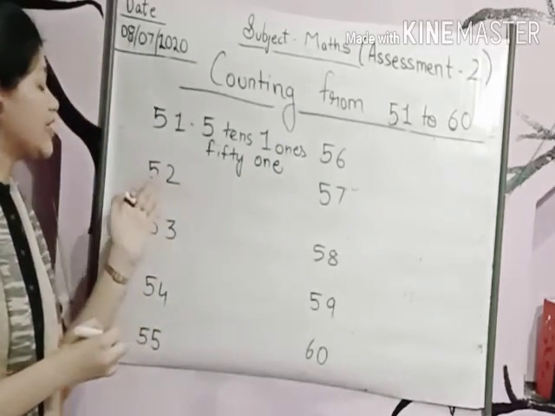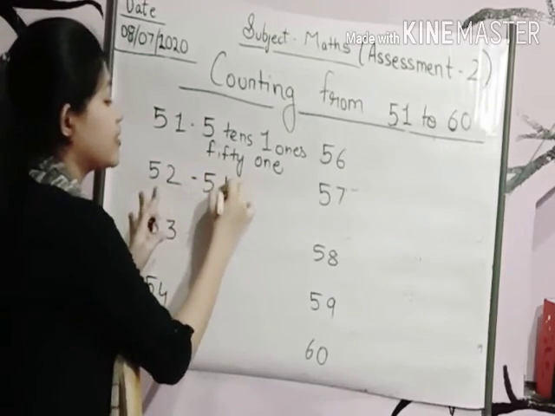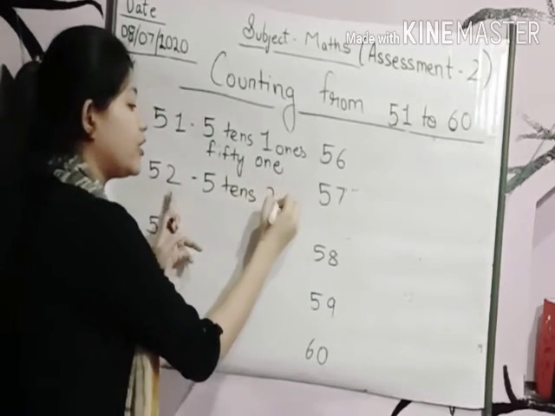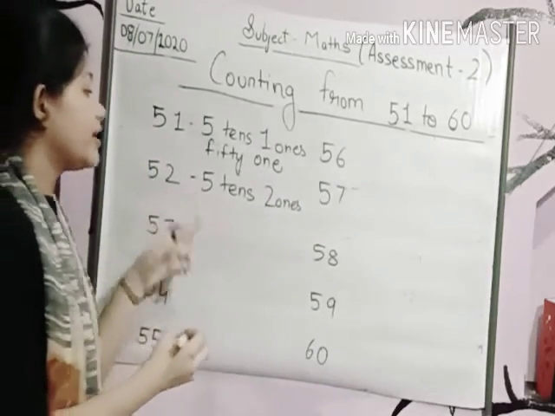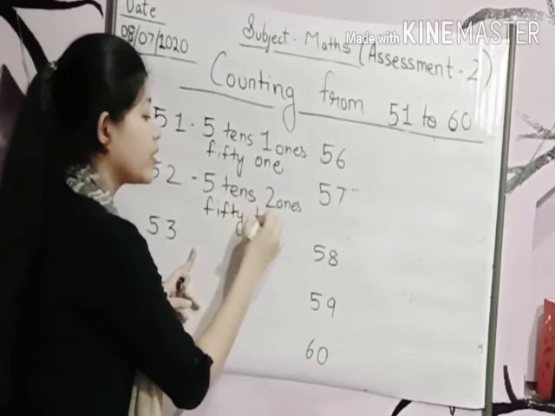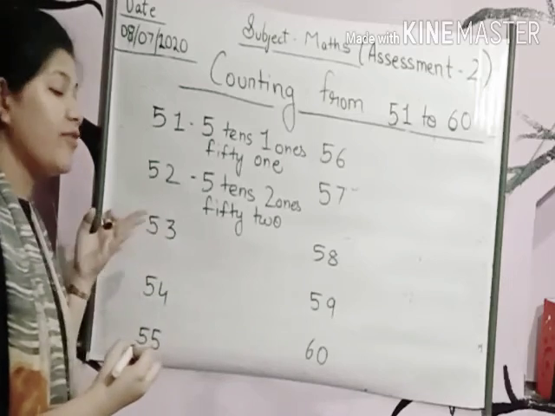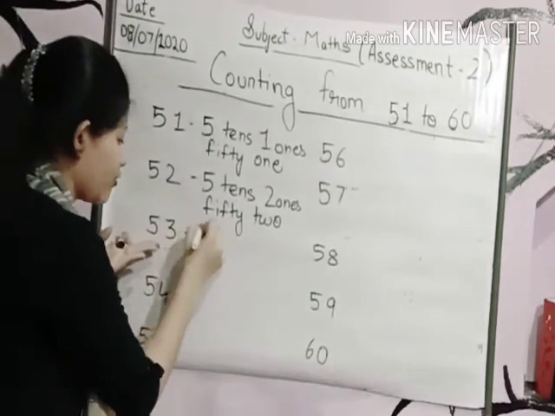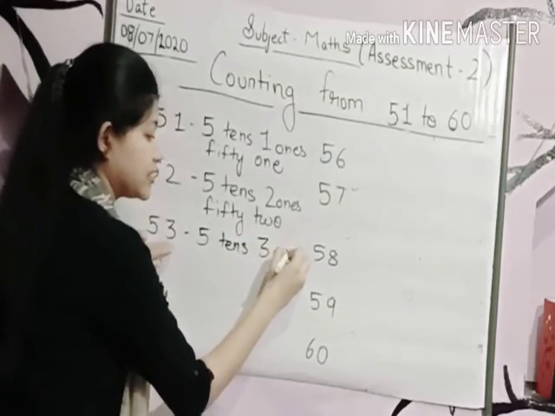Okay, now let's come to next number 52. Now 52 can be written as 5 tens and 2 ones. Yes, now how we can write the number name of this? We can write it as 52. Yes, now in the same way we will write 53. 5 tens, 3 ones.